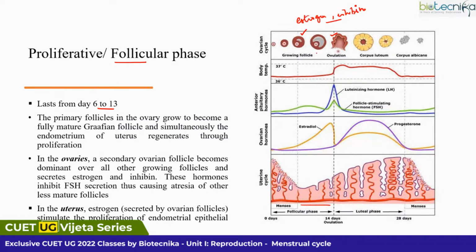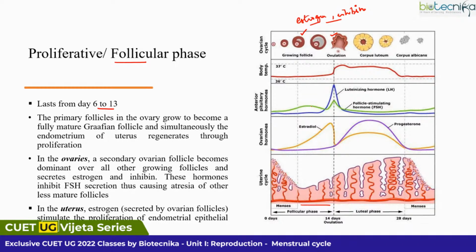Then if you see the role of other hormones like FSH, when these estrogens and inhibins are released by one particular growing follicle, these hormones will inhibit the FSH secretion.